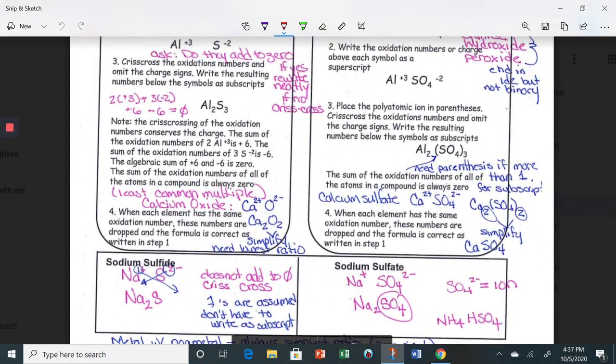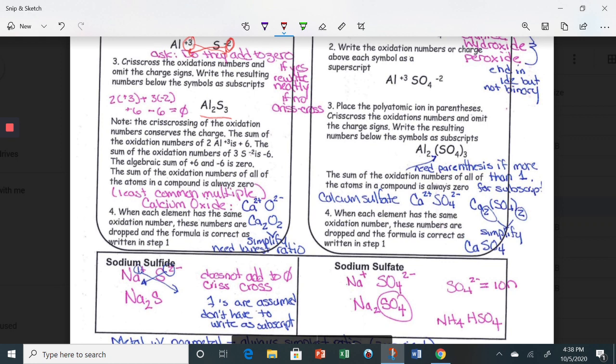Okay, because they do not add up to 0, we do this very simple thing called crisscross. We take this charge, absolute value, and cross down the number to here. We take the absolute value and cross this down to there. And we come up with Al2S3.